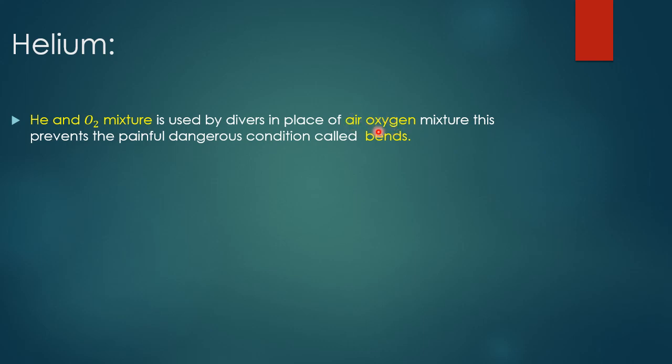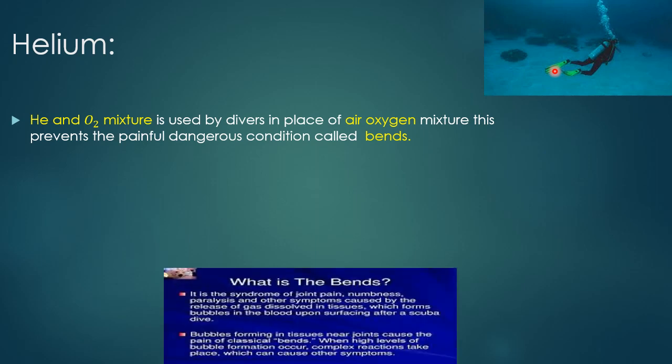In the olden days the deep sea divers were carrying a mixture of nitrogen and oxygen, but using that mixture brought a dangerous condition called bends. After they come out of the sea after diving, they will be having bends. Let's see what is meant by bends.